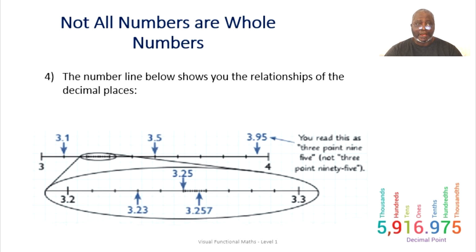So you see, as you increase the decimal places, you further split the decimals into 10 parts. And what you're seeing is where we're concentrating on. You read 3.95 at the top not as 3.95 but 3.95.